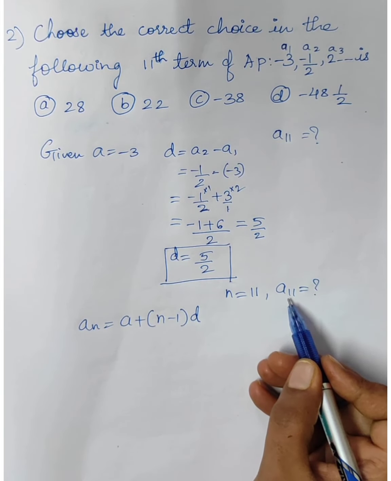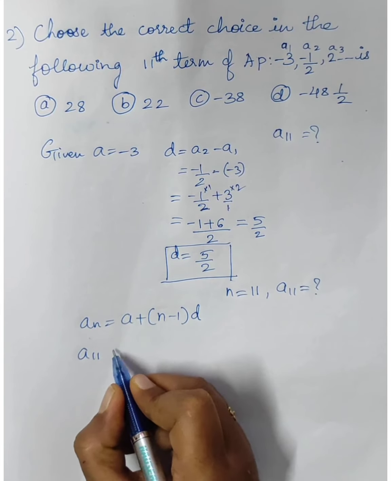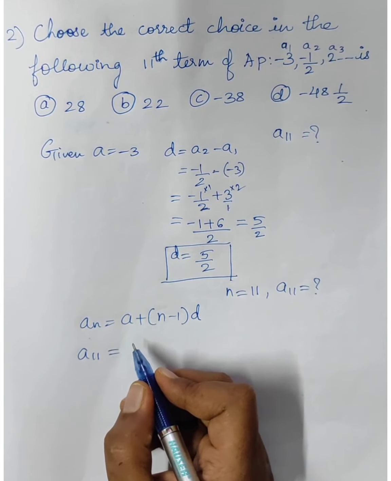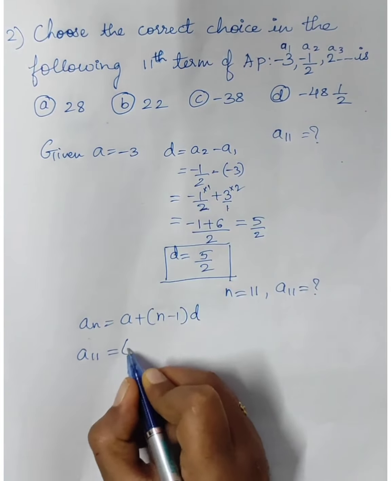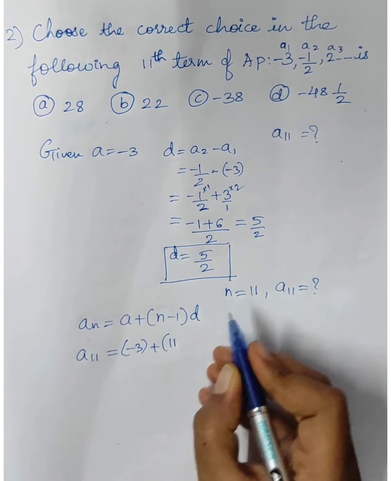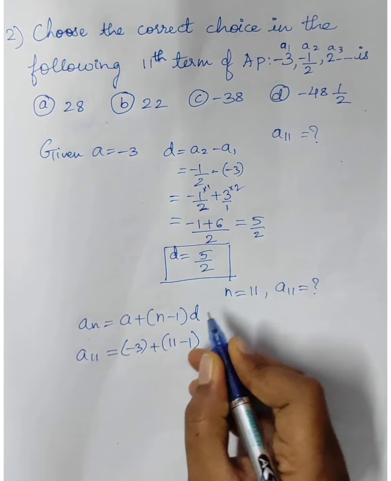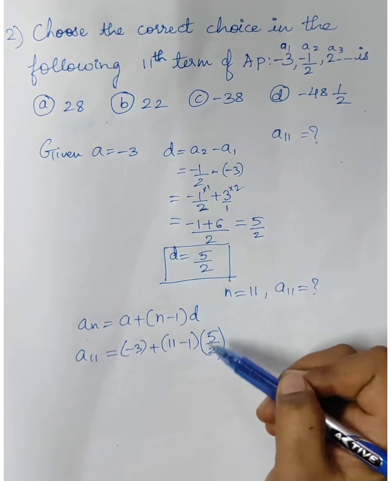We need to find the A11 value, the 11th term. So in place of An, you are going to substitute A11. So A11 is equal to the first term, minus 3, plus n, which is 11, minus 1, into D, which is 5 by 2.